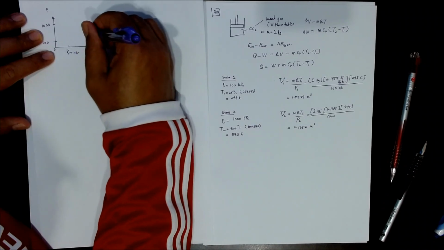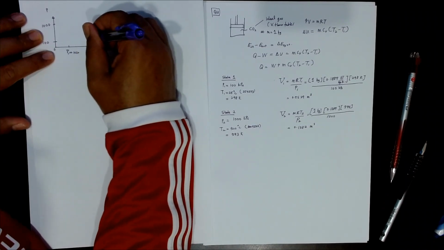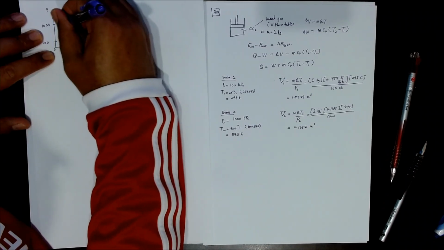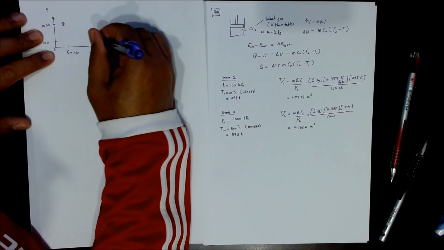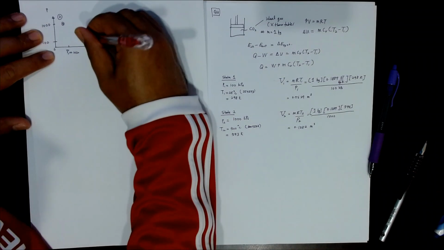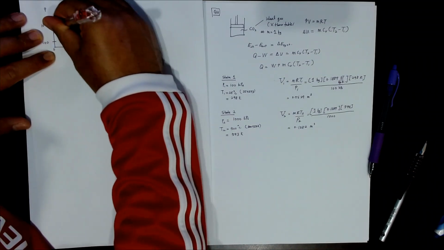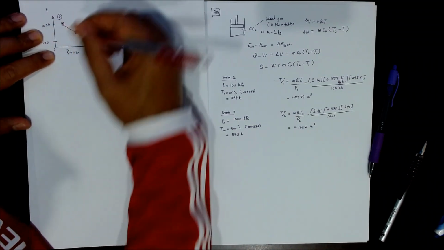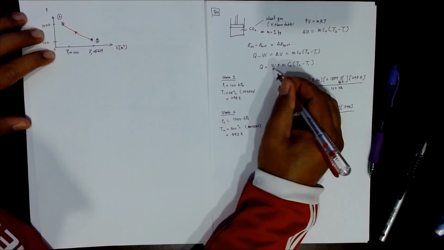From here to here, state 1 to state 2, you can put an arrow, a straight line. So the work W is what? The area underneath.